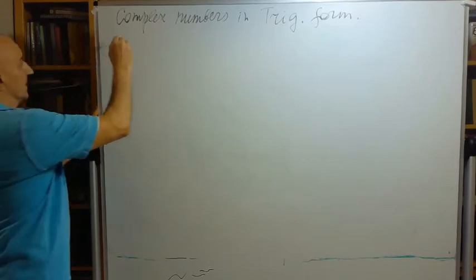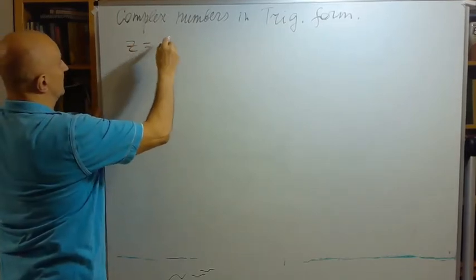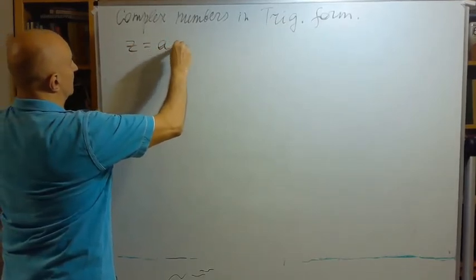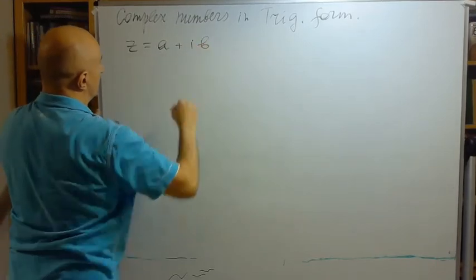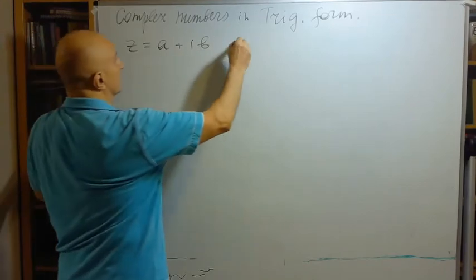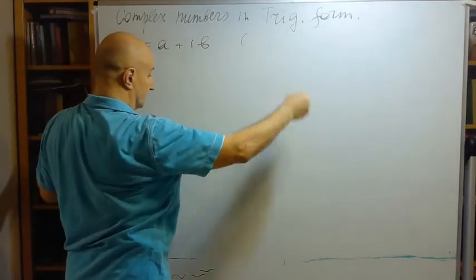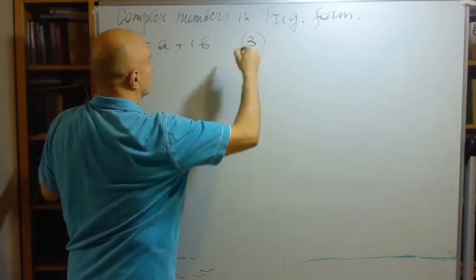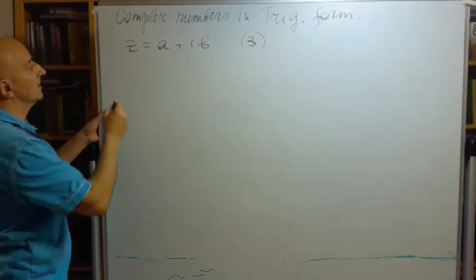So we have a complex number, z equals a plus ib, and we know from the previous consideration the notions of the modulus and argument. So I will do the following. I will say this will be formula number, I don't remember, let's say 3 for today, doesn't matter really.